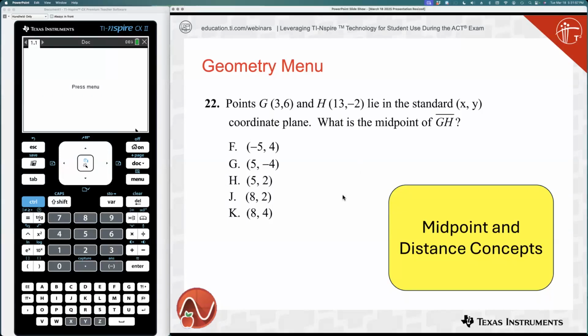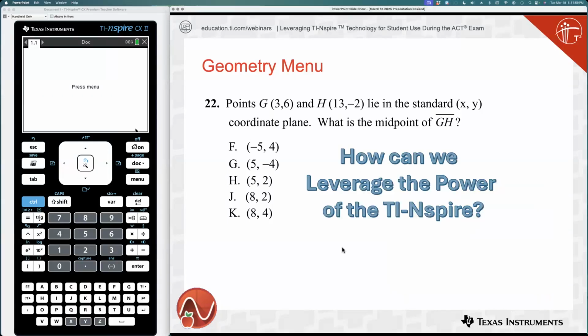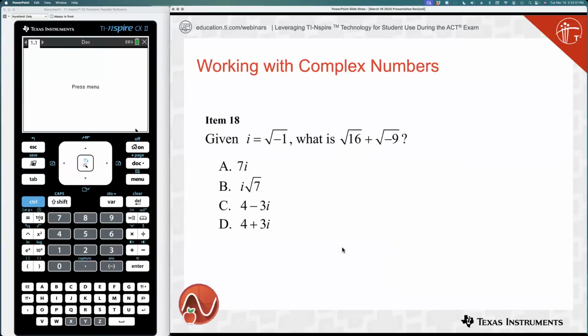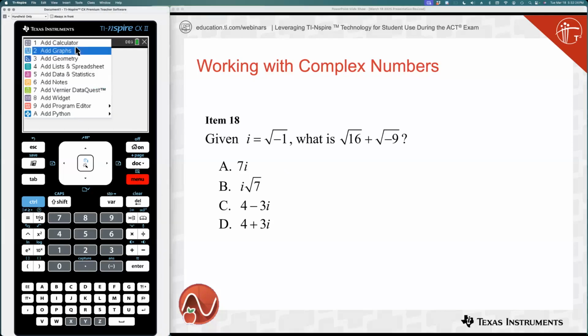All right, working with some complex numbers. Kim and I want to make sure that you all realize that we do have the number i with the TI-Nspire, but it is not the letter i. Down by the pi key, we kind of call that the number key.